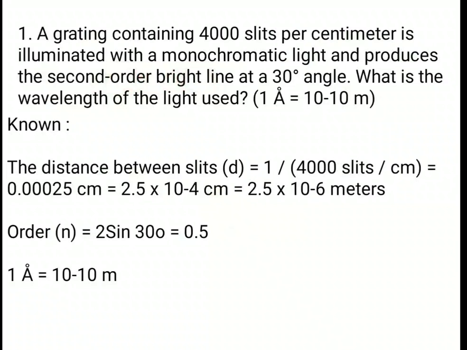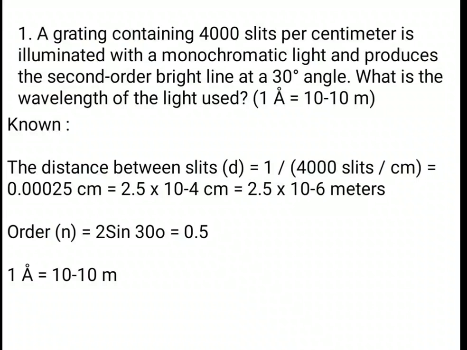As given in the problem, it is in the second order, that is the order n is equal to 2, with sine 30 degrees. The n value is 2. So 2 into sine 30 degrees, sine 30 is 1 by 2, its value is equal to 0.5.